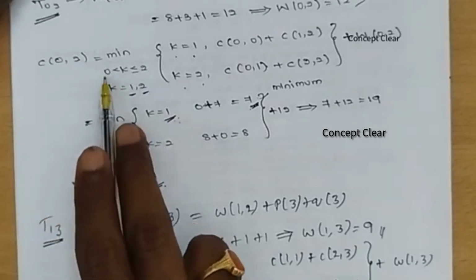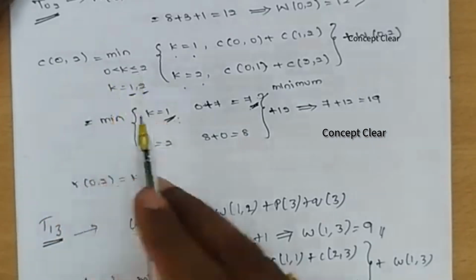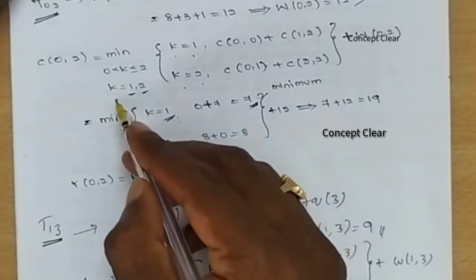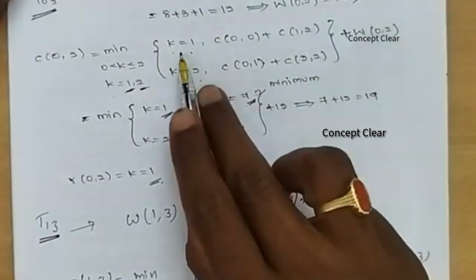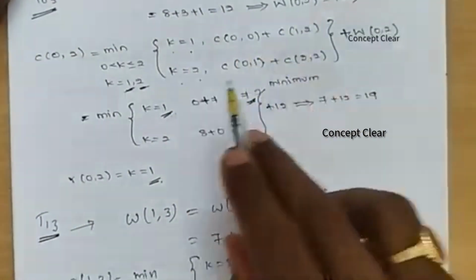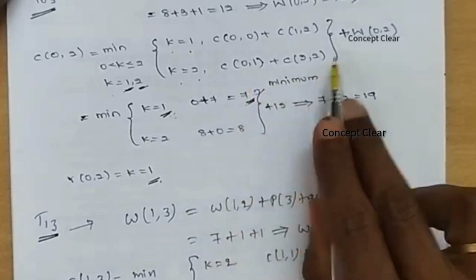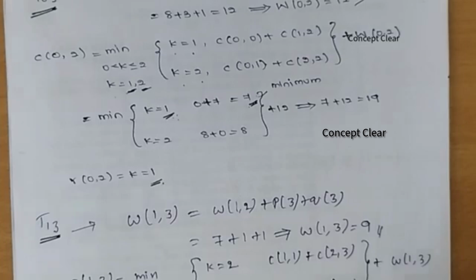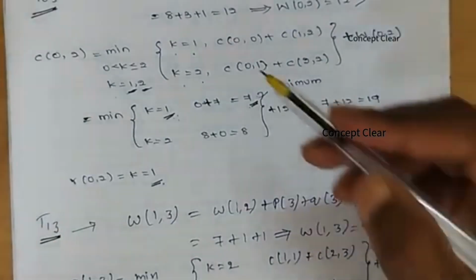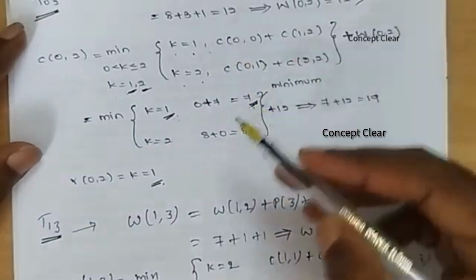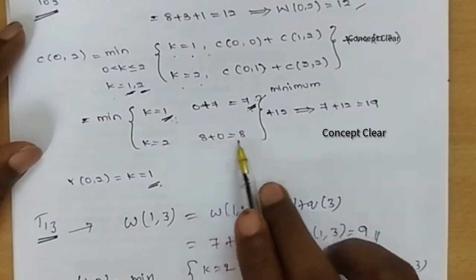i value is 0, so 0 less than k less than or equal to 2. So what are the possible terms? k equals 1 is possible, k equals 2 is possible. So first we write k equals 1, this is the value, and k equals 2, this is the value, plus w of 0 2. Which one do we have to take? Finally, calculating k equals 1 we get 7, and k equals 2 we get 8.